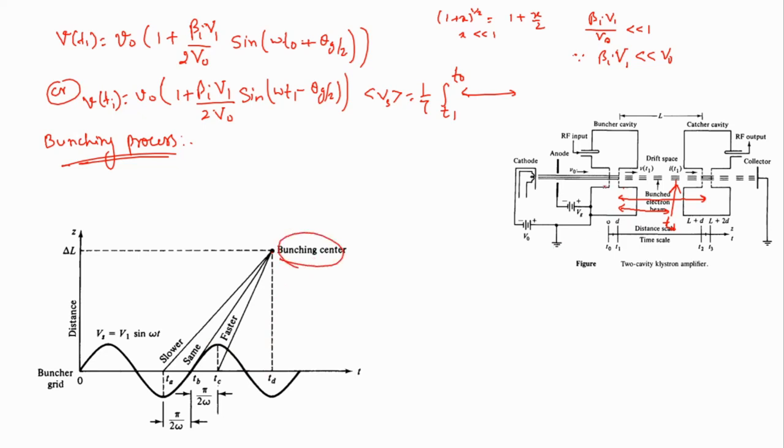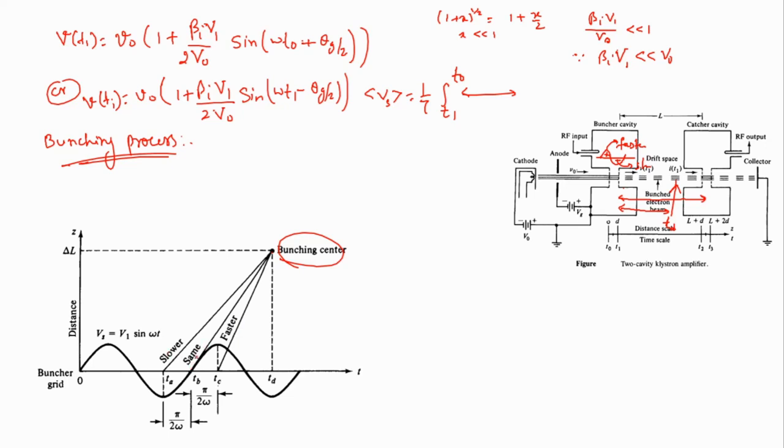The electron that leaves in the positive half cycle will be accelerated and the electron that leaves in the negative half cycle will be decelerated. So the accelerated electron will be the faster electron, and this is the slower electron. Already mentioned here, this is the slowest one, this is the slower electron having slower velocity, and this is the faster electron having accelerated velocity, and this one is going under no velocity change.